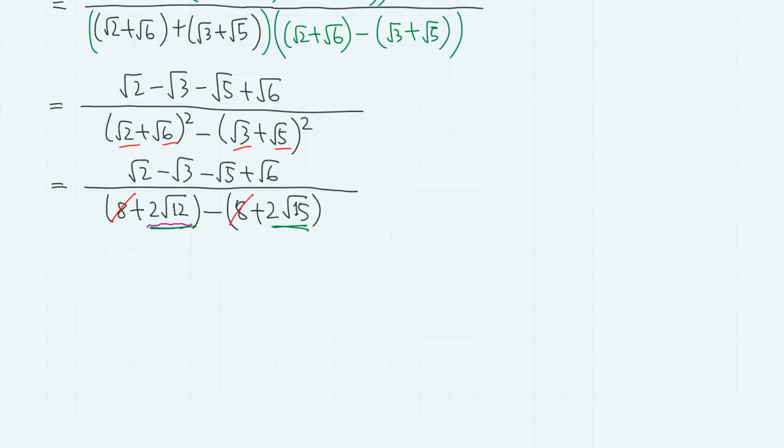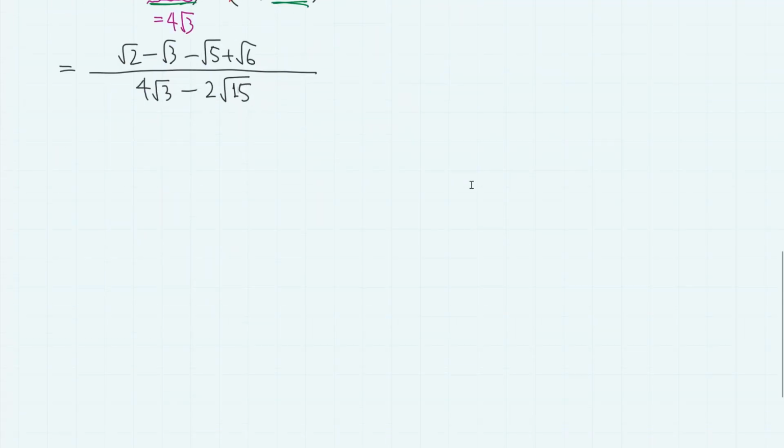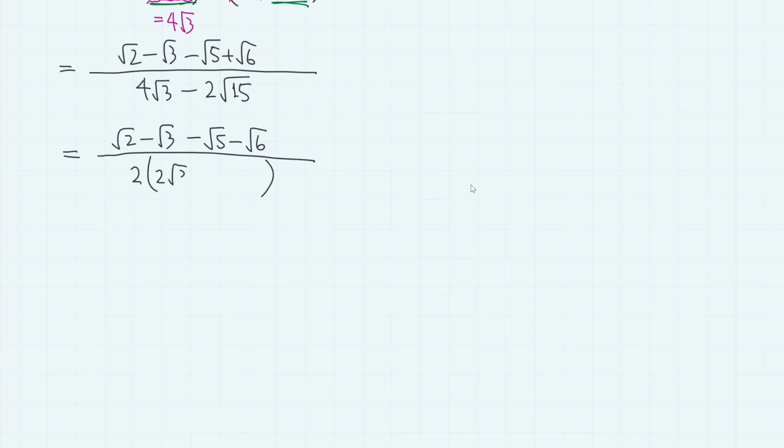Here, 2 square root of 12 is equal to 4 square root of 3, so we can write this divided by 4 square root of 3 minus 2 square root of 15, which we can take out 2 and write 2 times square root of 3 minus square root of 15. And here we multiply 2 square root of 3 plus square root of 15 on both numerator and denominator.